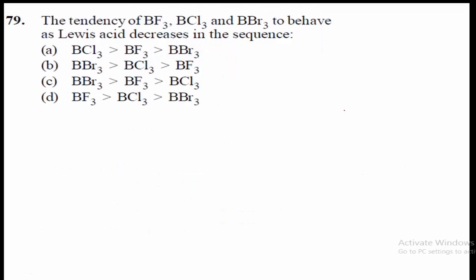79. The tendency of BF3, BCl3 and BBr3 to behave as Lewis acid decreases in the sequence. These are the 4 following sequences that are given. Among these 3, you have to correctly arrange these things with respect to their strength as Lewis acid.